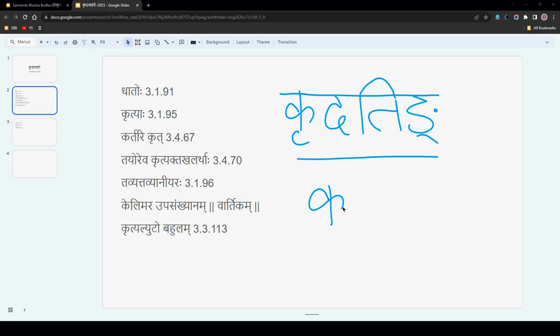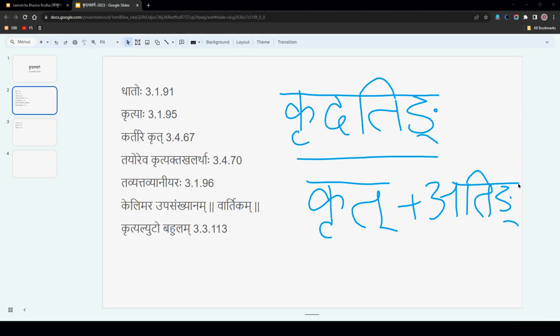There are 2 words in this: Krit plus Ating. What this says is, other than Ting Pratyayas, the Pratyayas which are added to Dhatus get the symbol or Sajna Krit iti.